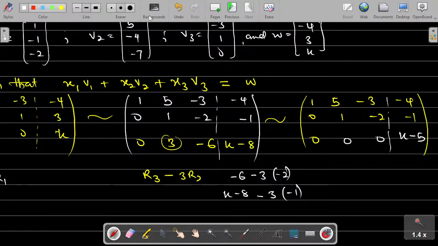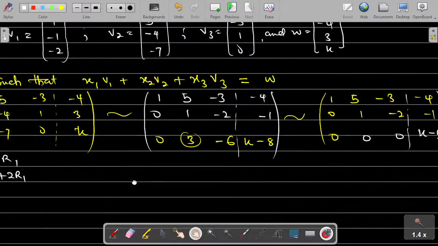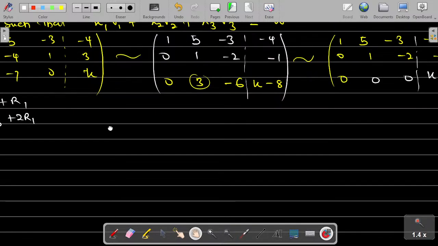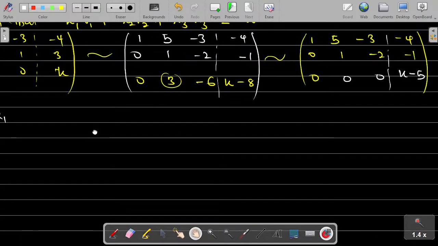Okay, remember to separate our augmented matrix with a dotted line. Let me not shift that much so that I'll be able to finish this here. From there I can now solve this equation.